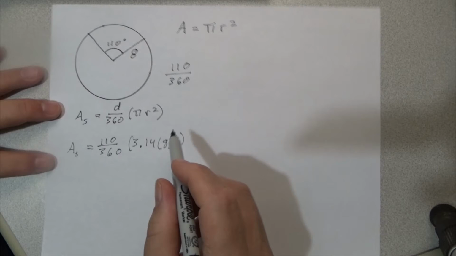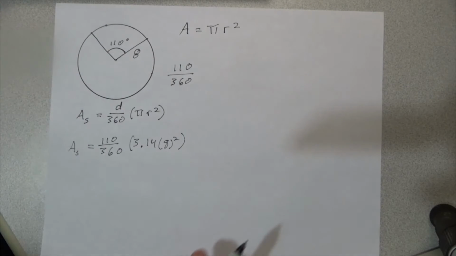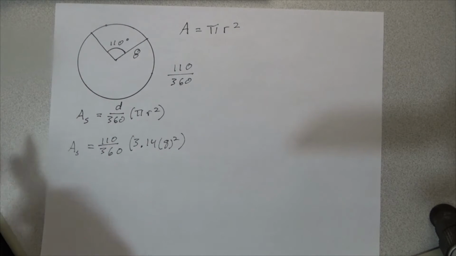That will give me the area of that sector. So we go fraction bar, 110 over 360 times 3.14 times 64, which is 8 squared.